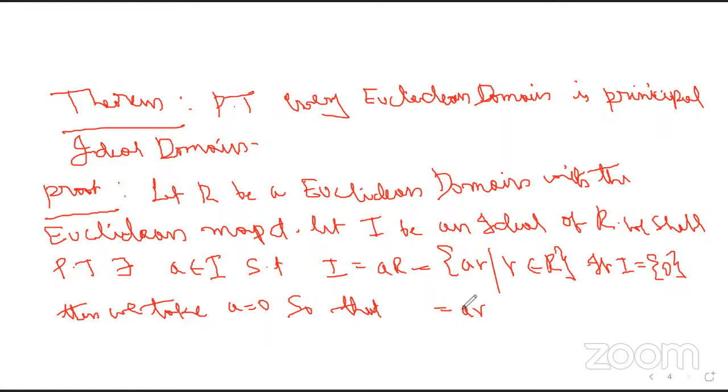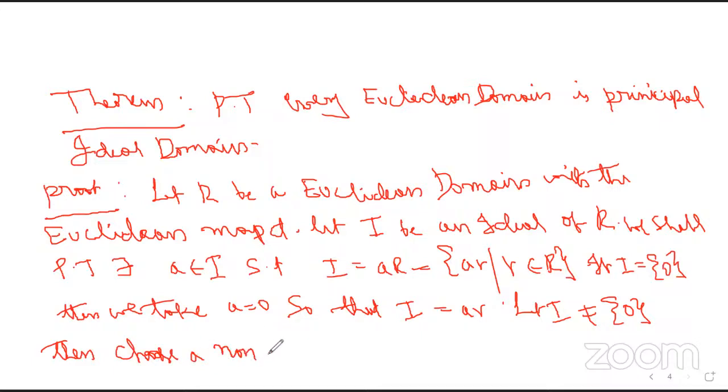So that I equal to AR. Suppose I is not equal to zero, that is, I is not the zero ideal.